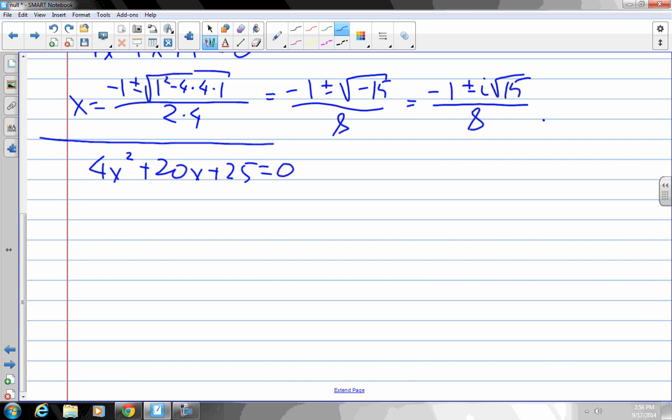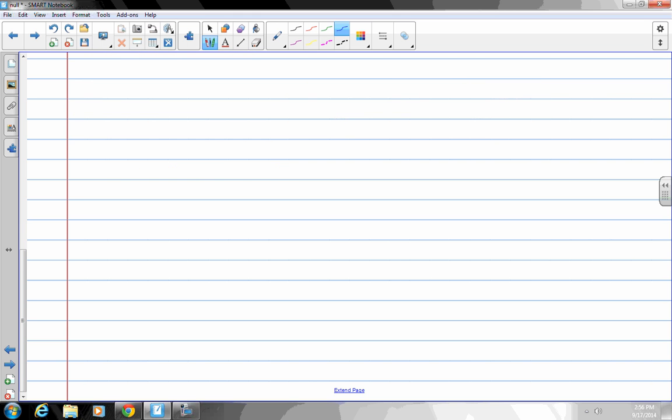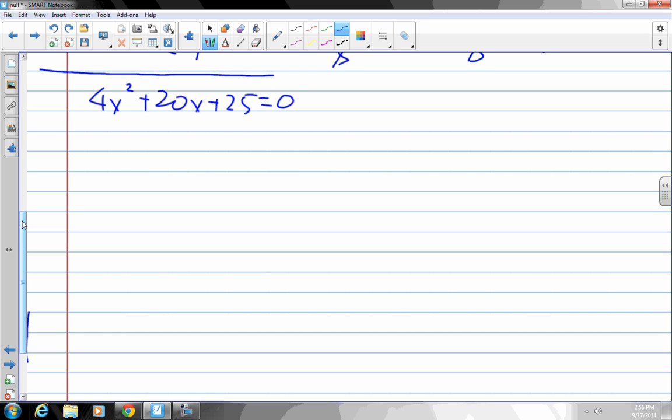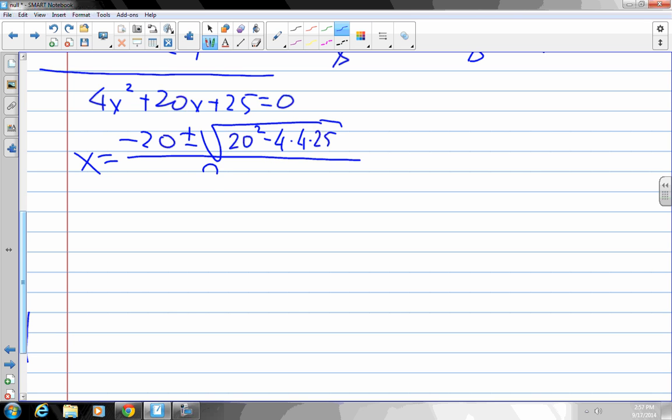So let's say I want to solve this one by completing the square. Did I say completing the square? I didn't mean that. I meant the quadratic formula. Sorry. So negative 20 plus or minus the square root of 20 squared minus 4 times a times c, all over 2a.